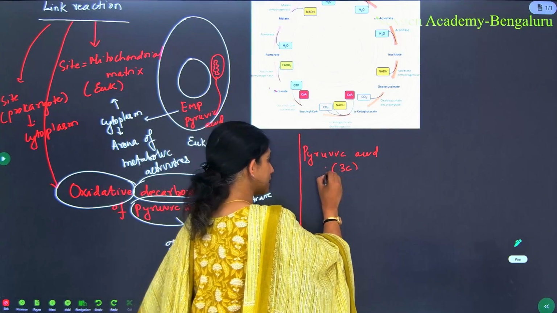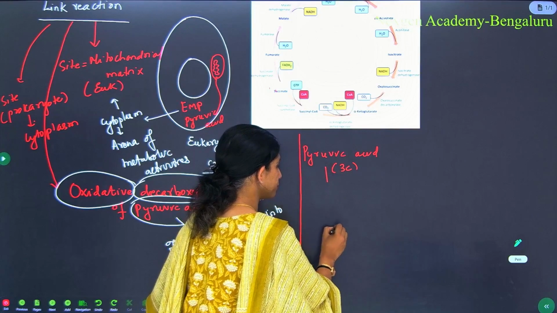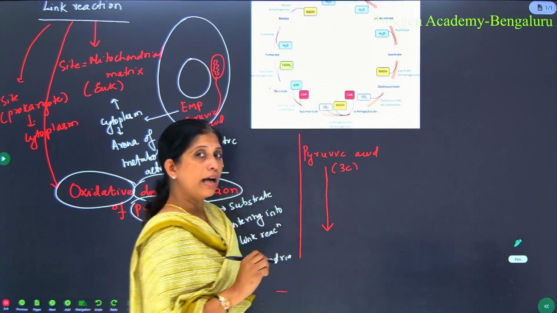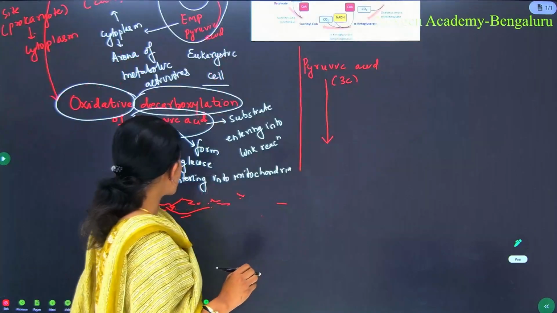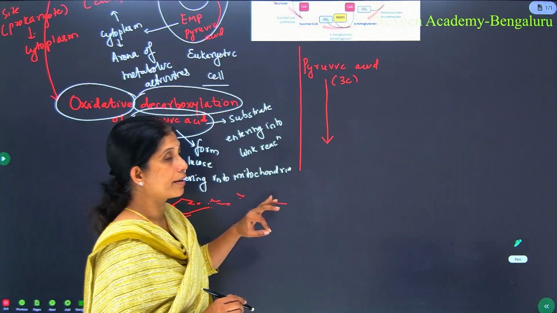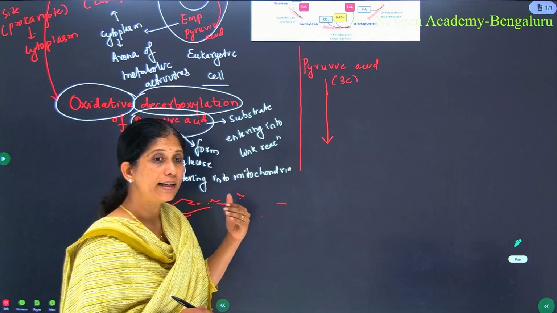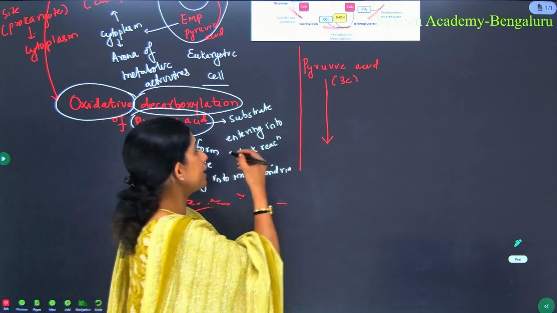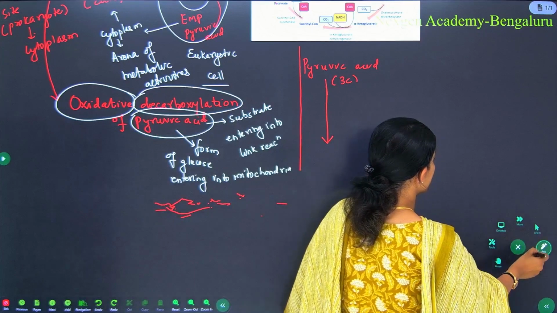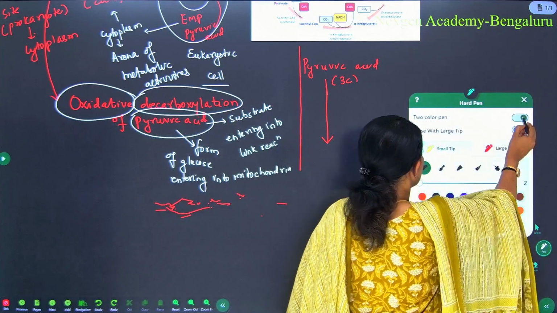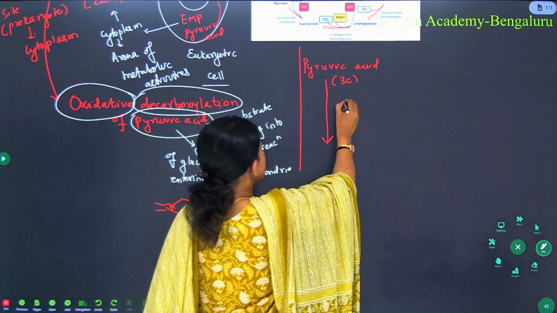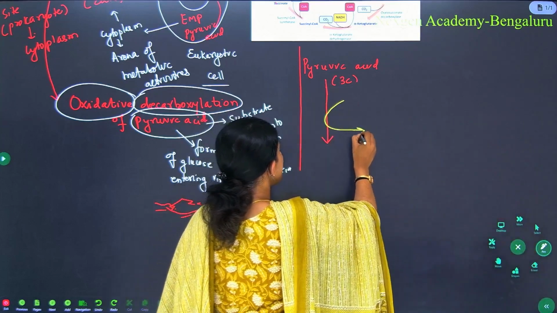So pyruvic acid will be undergoing oxidation and decarboxylation. Two things will be happening here, oxidation and decarboxylation, right? For oxidation, what is the oxidizing agent?